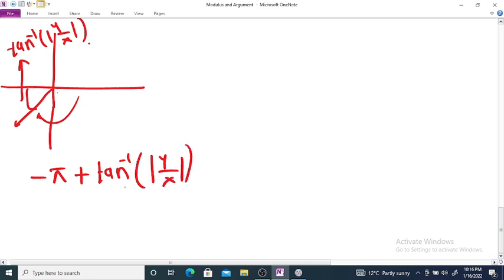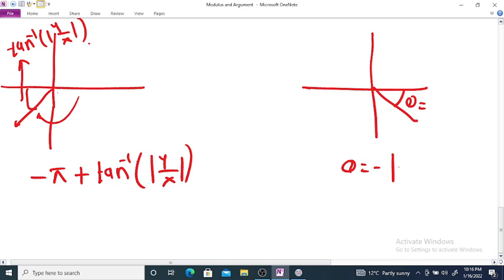So this is the principal argument if the complex number lies in the third quadrant. And last, if it lies in the fourth quadrant, then the angle theta is equal to just minus tan inverse of mod of y by x.